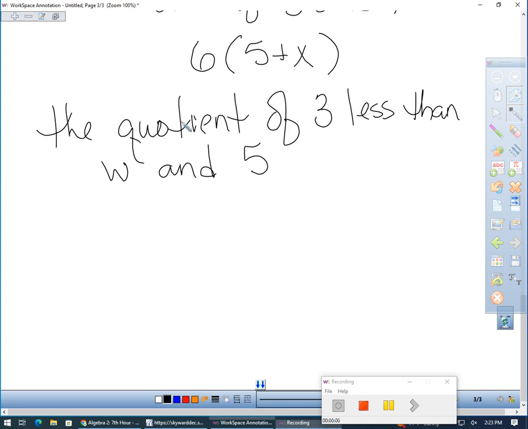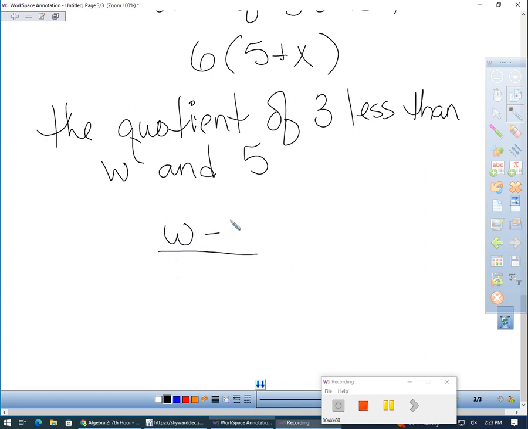Nope, not quite. So quotient means we're going to do what? What is the main thing? Divide. Nope, not quite. So if we say, listen, so I have quotient of. The first part of this is 3 less than w.